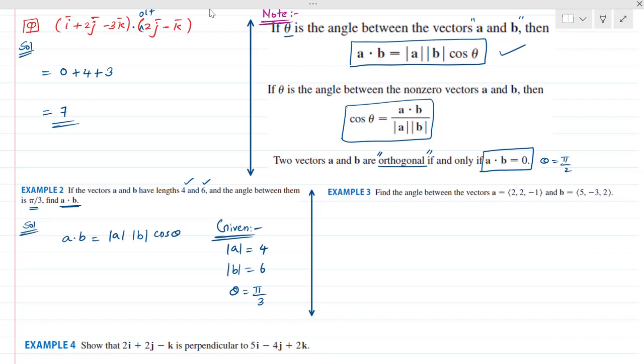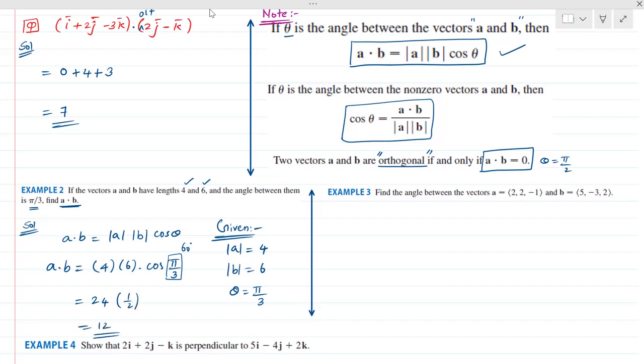Now when I substitute the values, A dot B becomes 4 into 6 into cosine pi over 3. Cosine pi over 3 is nothing but cosine 60 degrees, which is equal to half. So this is 24 into half, which equals 12.